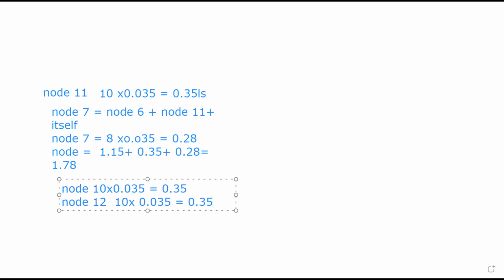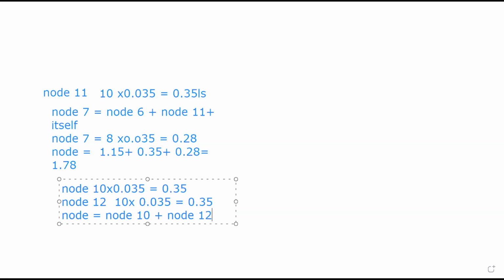Therefore, node 9 is equal to node 10 plus node 12. No need to add its own node, because its own node has somehow been shared along the downstream nodes. Take note of that.